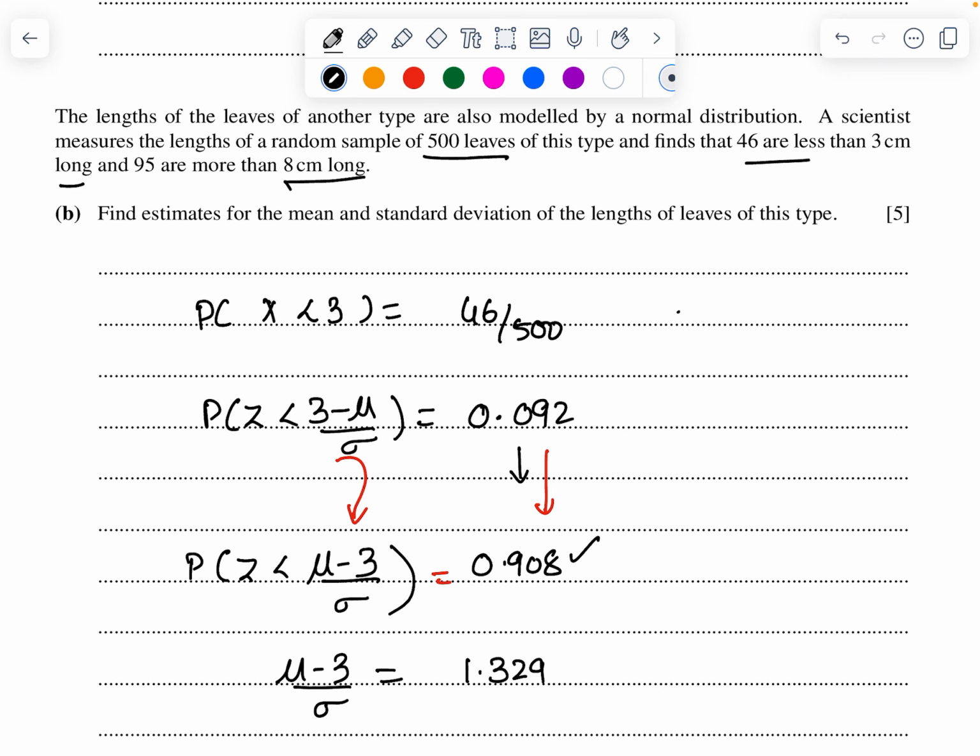more than 8 centimeters long. So probability of x greater than 8 equals 95 upon 500. 95 upon 500 is again 0.19. So convert z greater than 8 minus mu by sigma equals 0.19.